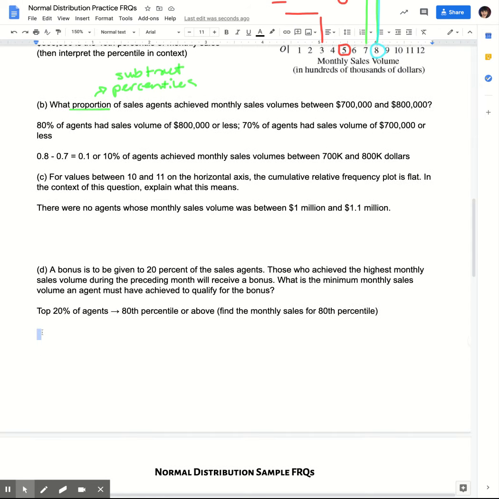So I would say the 80th percentile of monthly sales volume by sales agents in this month is $800,000.